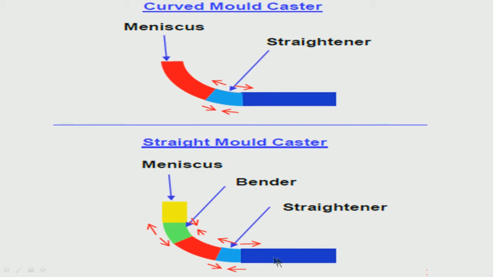The inner radius will finally generate the top surface, the outer radius will finally give you the bottom surface. Here the inner radius again gives the top surface, but near the inner radius some more inclusions will be there in case of a curved mold.